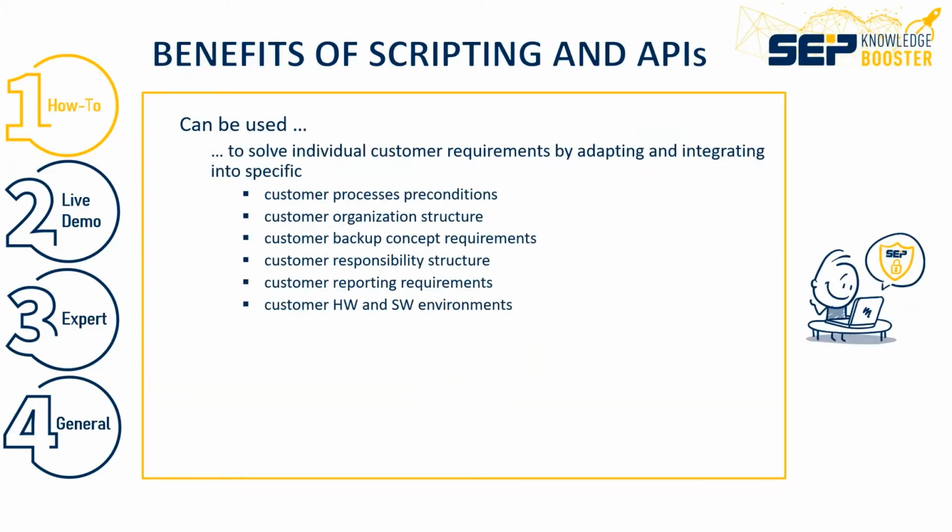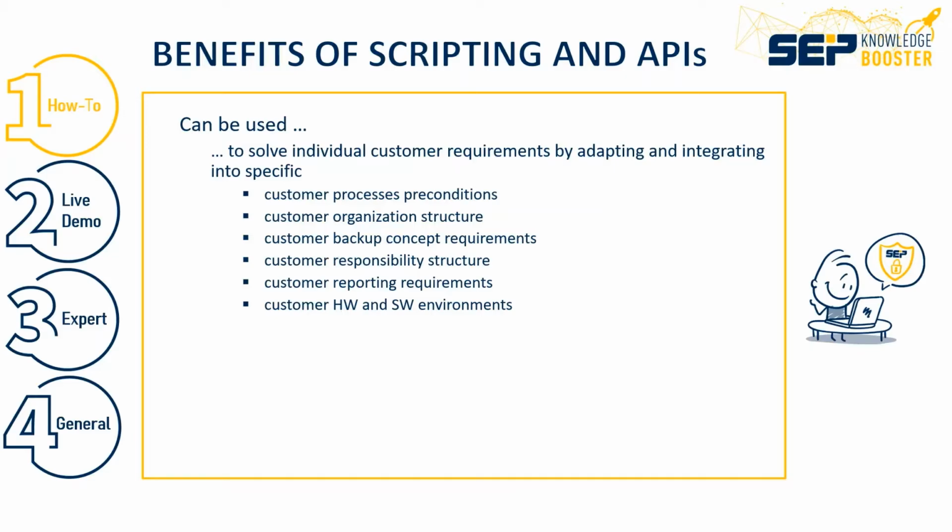So now, what are the benefits of why you would use scripting and APIs? The main purpose of these technical interfaces is to be able to really adapt to whatever individual requirements the customer has. Not all configurations are the same.